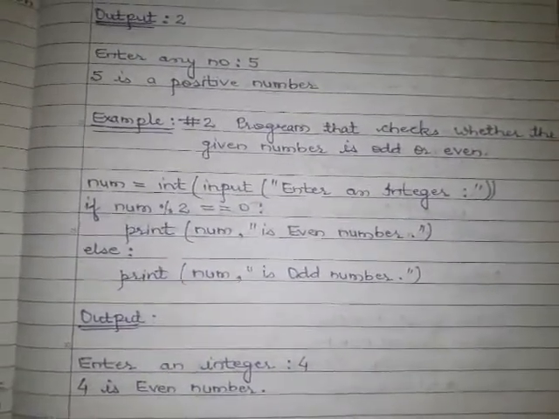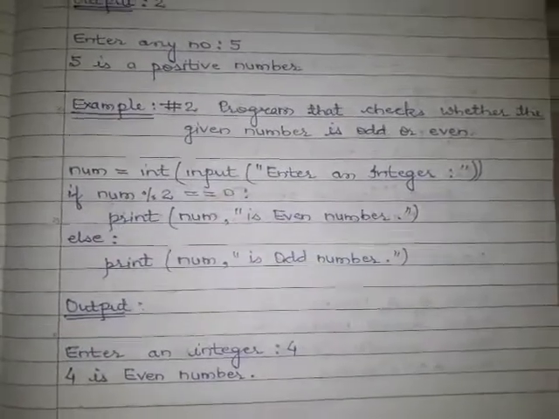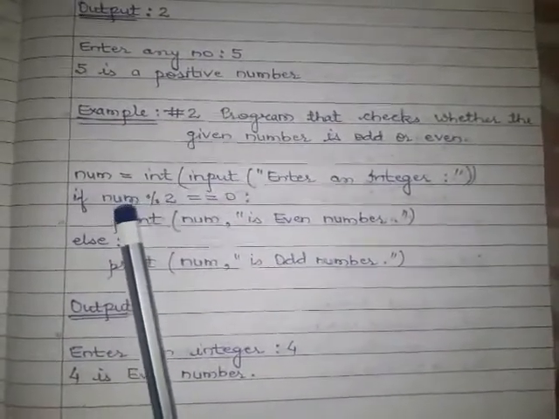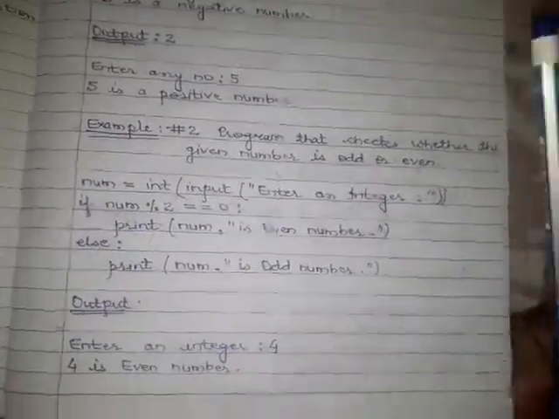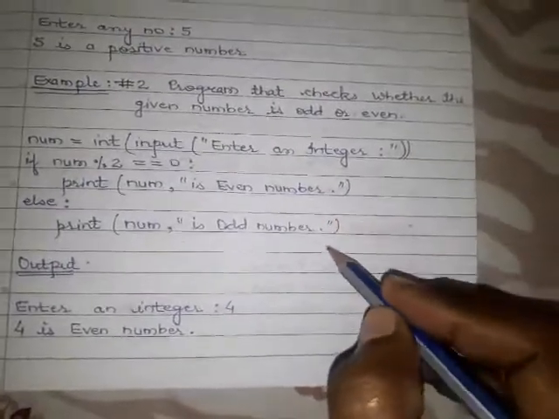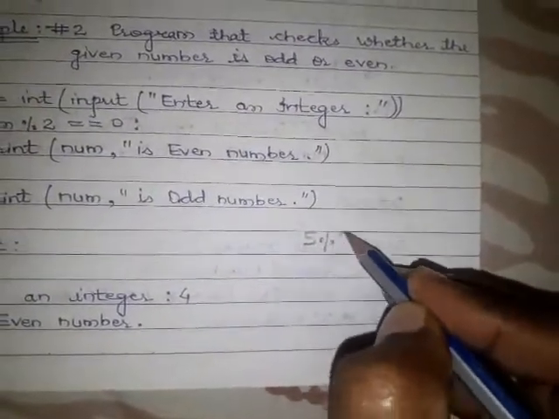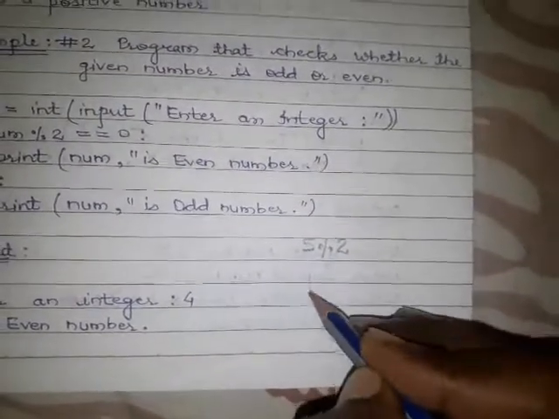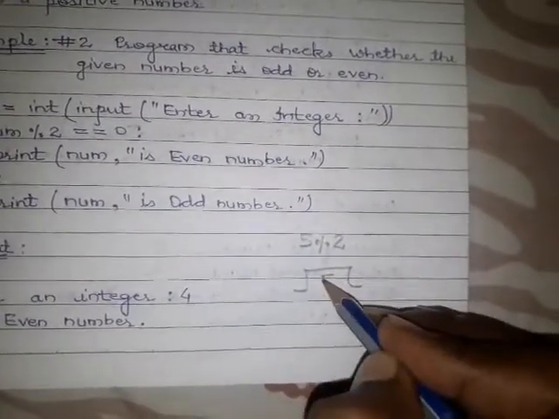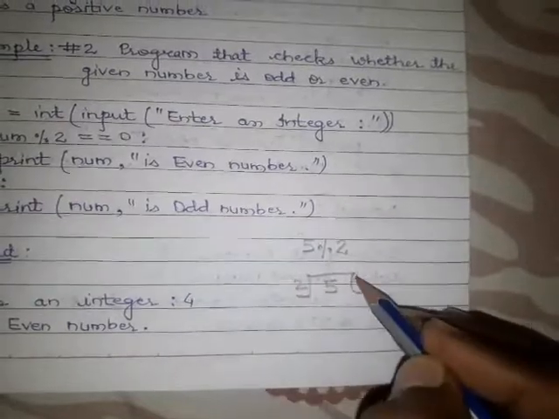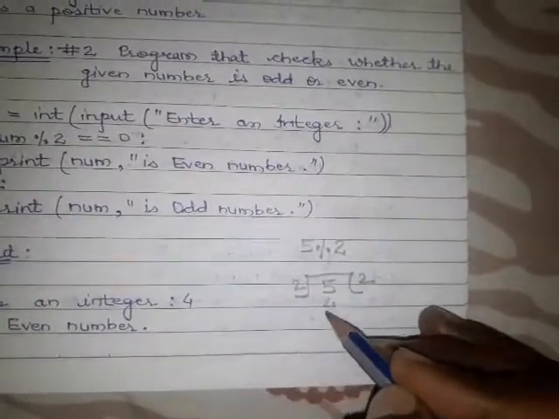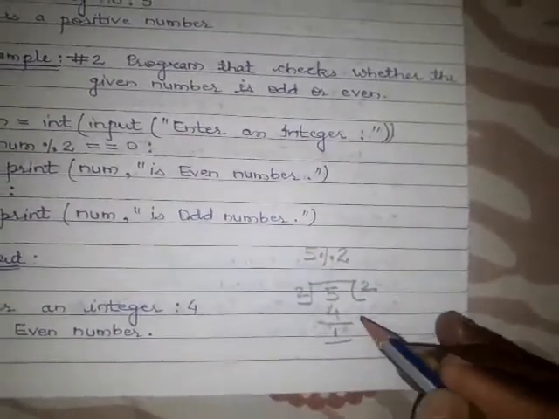I have already shown what a modulus operator is. The modulus operator actually divides the number. Suppose I have written 5 modulo 2, it means 5 is divided by 2, 2 twos are 4, and the remainder is 1. Okay.